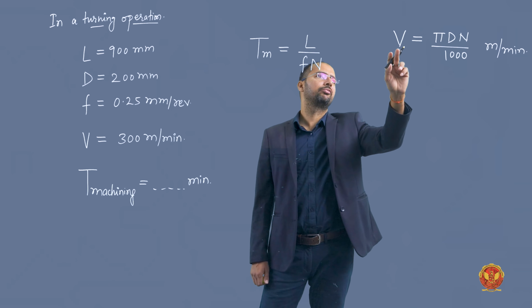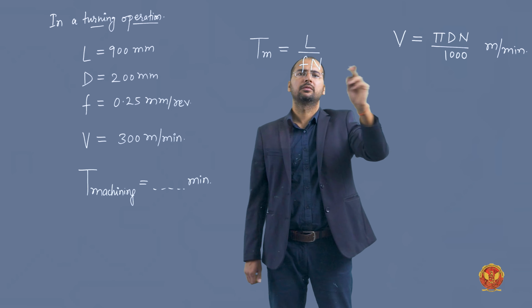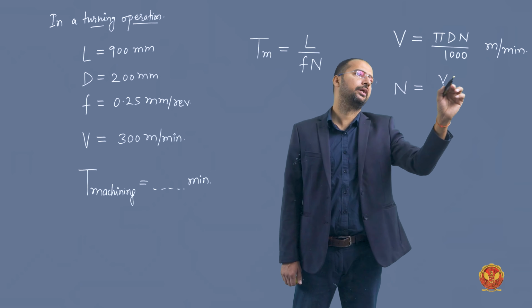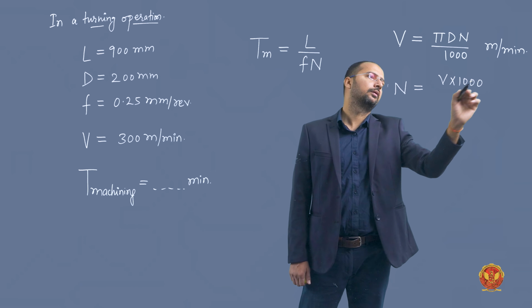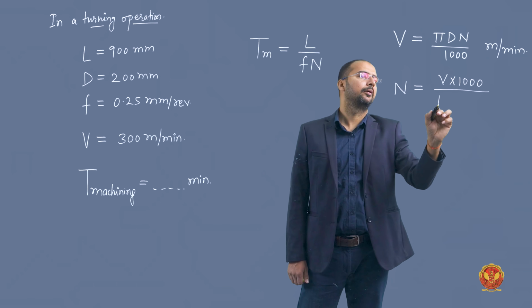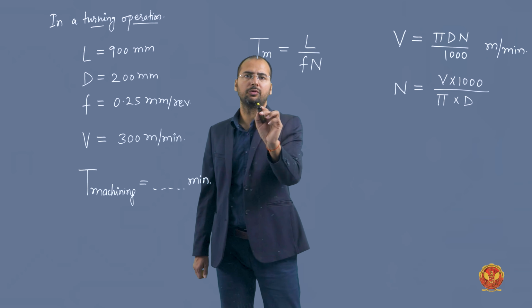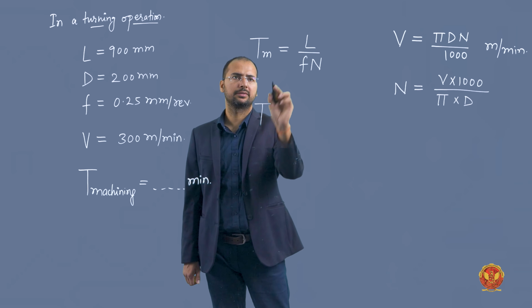So we will put the value of N here. So we will have the value of N as V into 1000 divided by pi into D. So we'll put the value of N here in this equation.